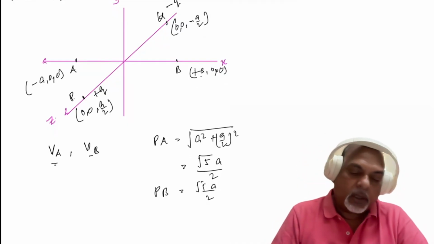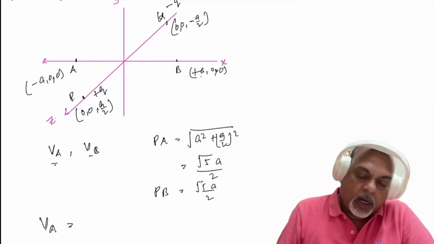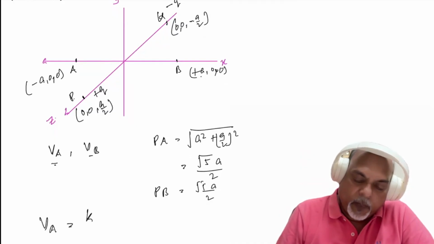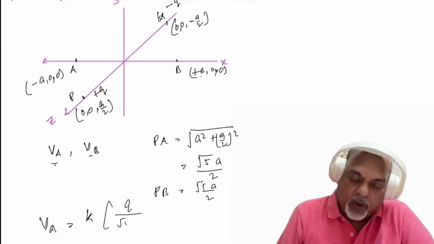So what is the potential at A? The potential at A from the charge kept at P will be Q upon PA, that is, root 5 a by 2.